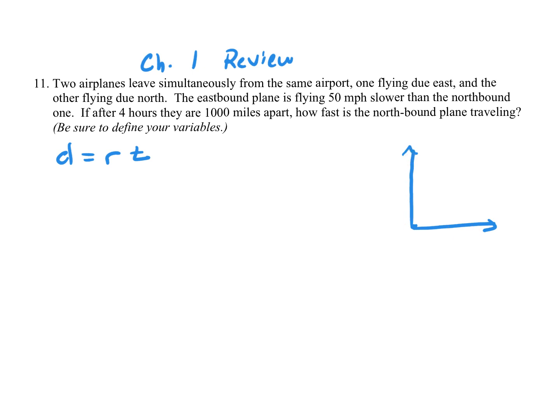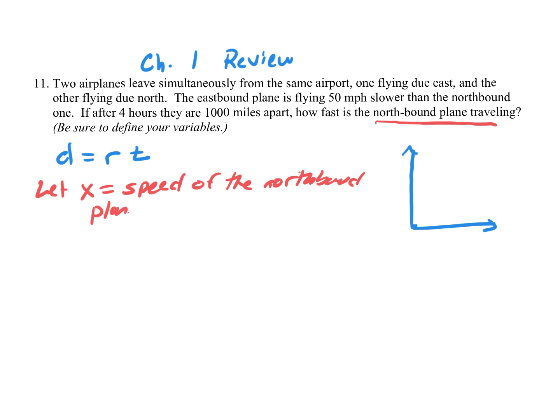When you're doing application problems, you're going to want to define a variable. Here, we're given that the eastbound plane is flying 50 miles per hour slower than the northbound one, and we also want to find how fast the northbound plane is traveling. So I'm going to define my variable. I'm going to let x equal the speed of the northbound plane in miles per hour.